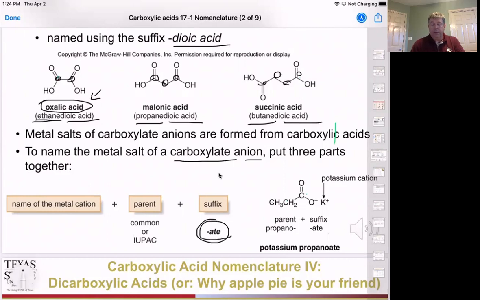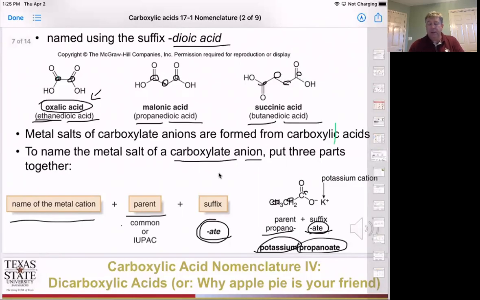So what we would do is we would take the name of the metal, so potassium, sodium, etc., and then the parent name in IUPAC or common, and then we add ate to the end of it. So in this case, we have 1, 2, 3. So our parent is propane. So we have propionate. So this is potassium propionate right here. So that's how we name salts.